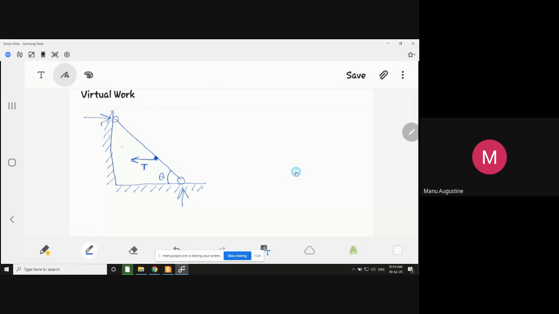But since the wall cannot move, and since the floor cannot move, therefore, this reaction of the wall and this reaction of the floor cannot produce virtual work. And that is the reason why this reaction F and this reaction W of the wall will not be considered in the active force diagram.